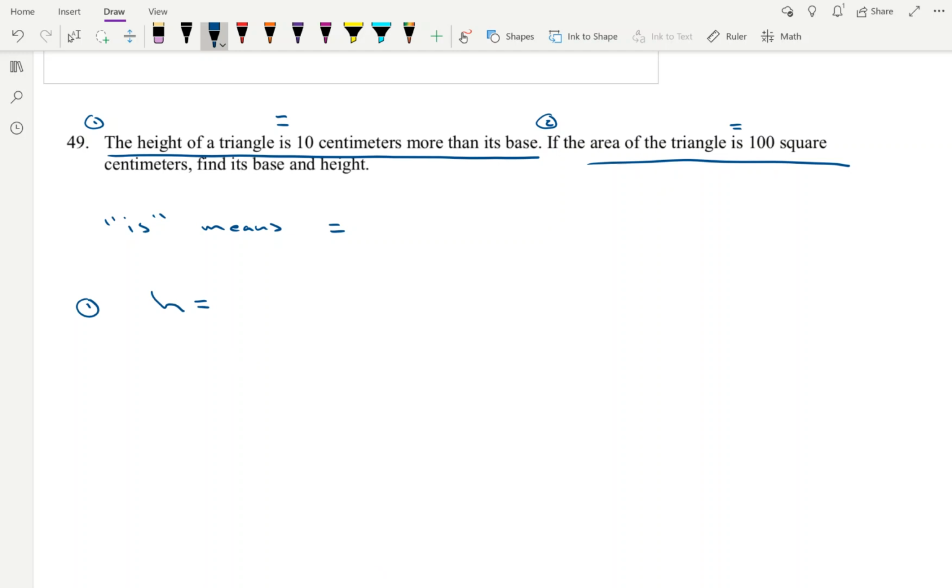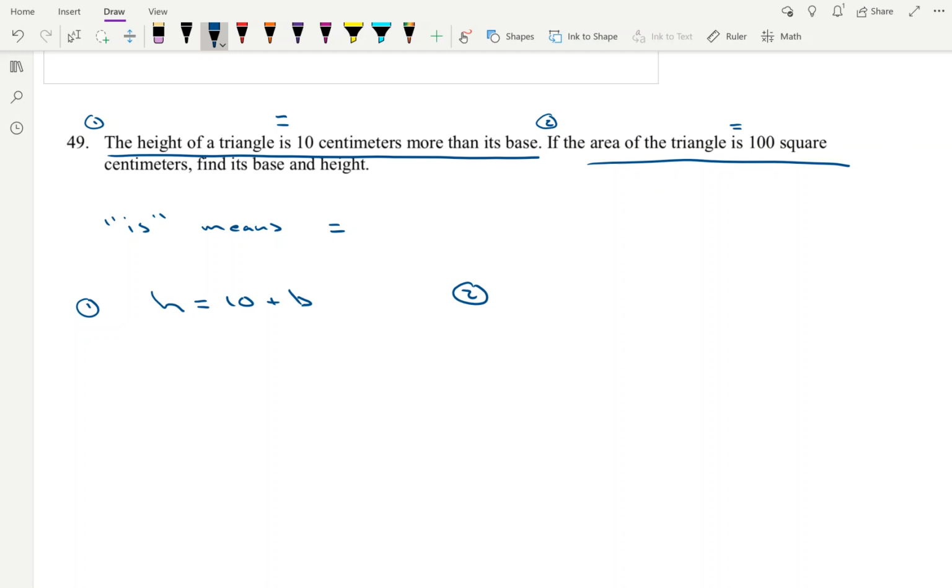And after the "is," it says 10 centimeters more than its base. So height and base, this makes sense for a triangle, and we know that the height is 10 more than the base, where we'll let b equal the base. Okay, so we have our first equation. Let's go see if we can do the same thing with the second one.